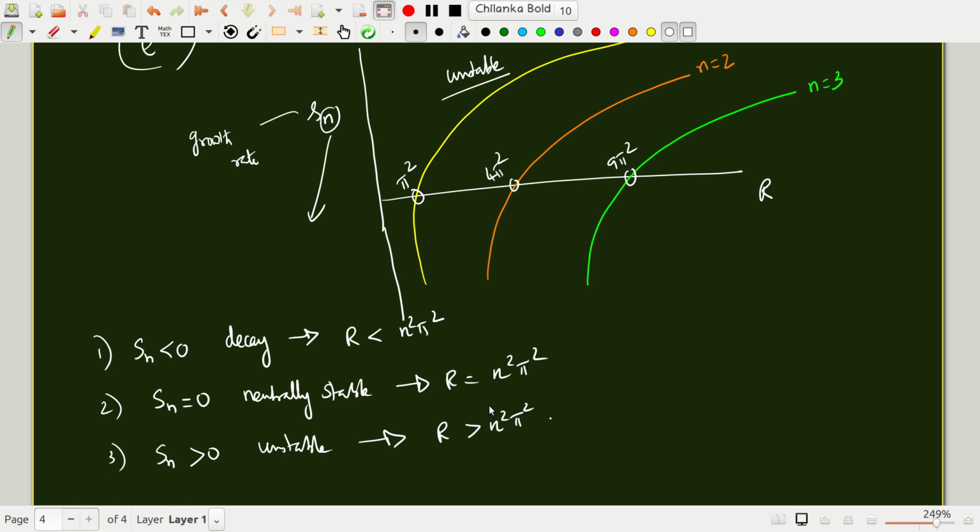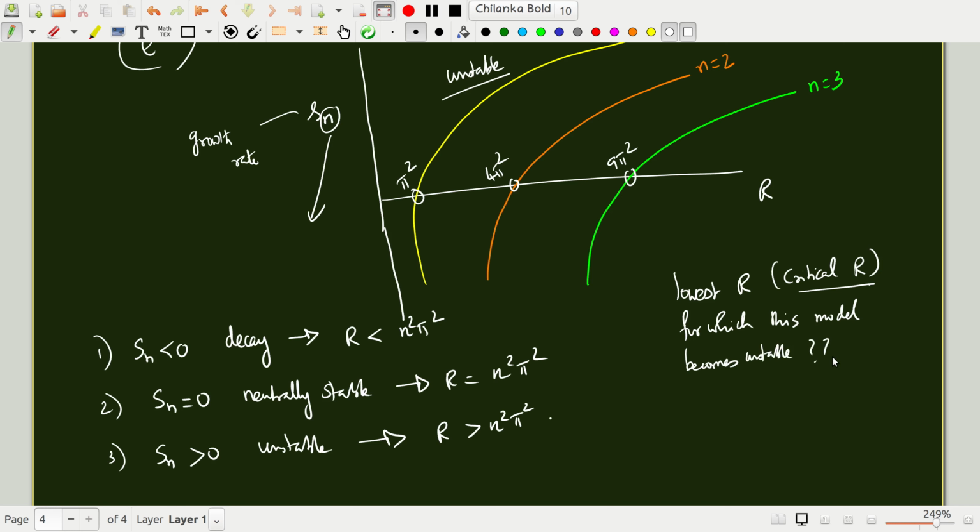Okay, right. So now if you ask the question, what is the lowest r? This is called the critical value of the parameter r, the critical r for which this model system becomes unstable. Then you will obviously say from this graph that it happens for n is equal to 1 and r is equal to pi squared, so Rc becomes pi squared for this problem.